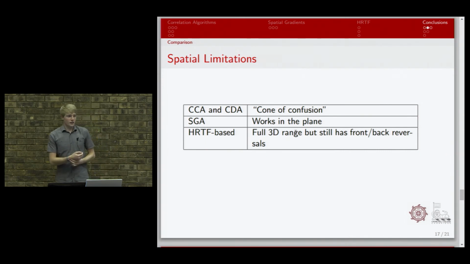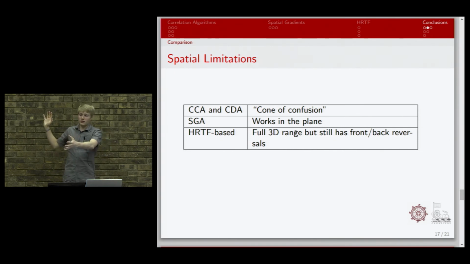Not all of these can actually, in the way I describe them, give you an exact value for, let's say, the whole field of solutions that the source could lie in. For example, using 2 microphones for the correlation algorithms, we can only determine those things in the plane in front of us, because there are loads of places in reality that will give the exact same time delay between 2 points.